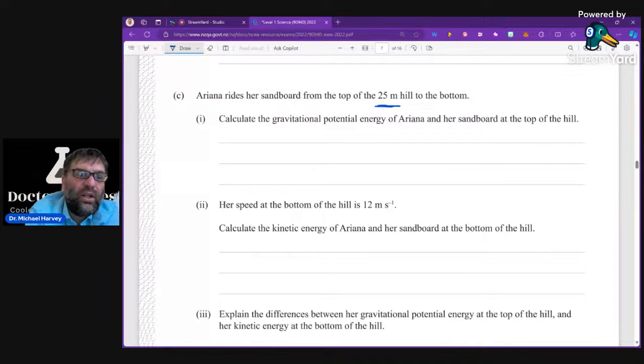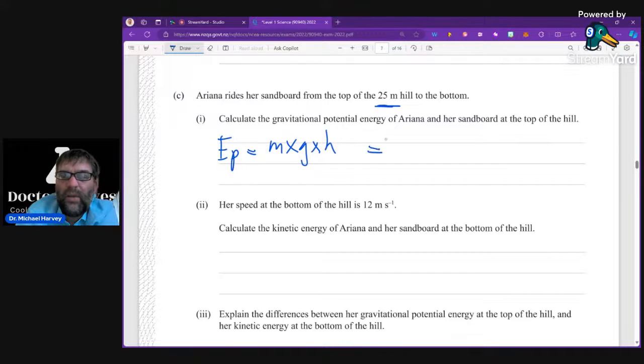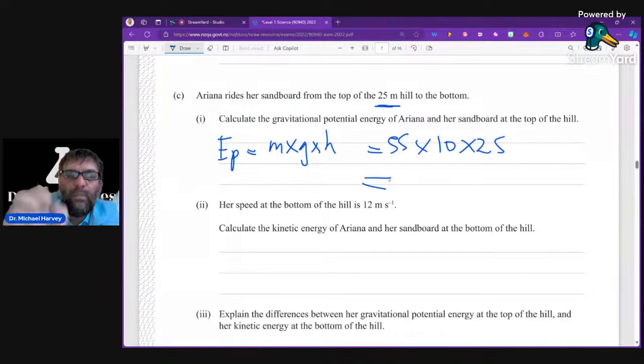So the equation that you'll be using is EP equals M times G times H. Okay, so you plug in the numbers. So her mass from earlier in the question was 55. The gravitational field strength still times 10, and the height again is 25. You plug in the numbers, and you get the correct answer of, oh, look at this.